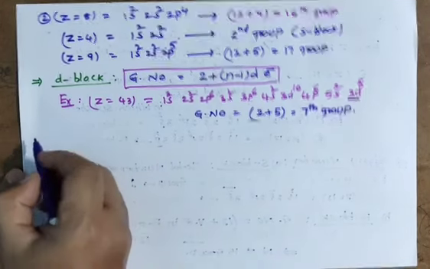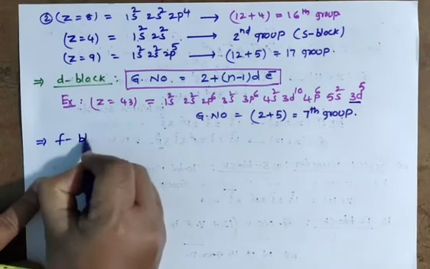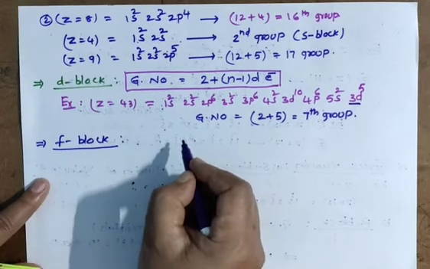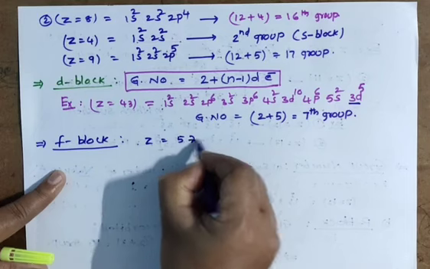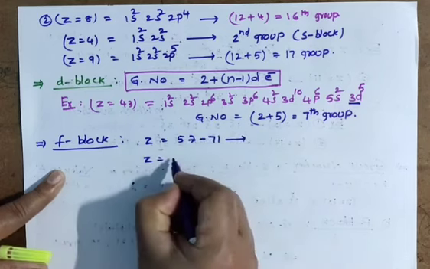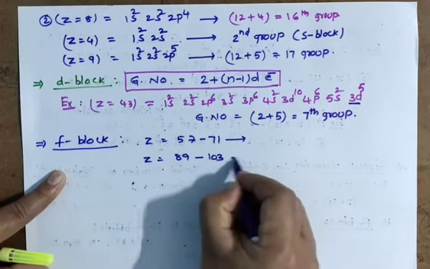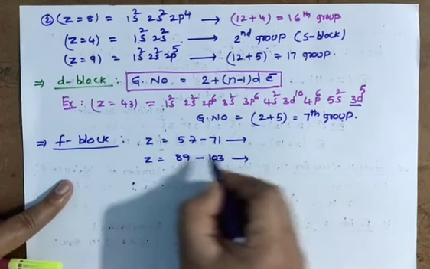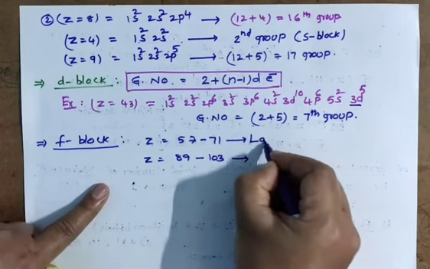Next, for F block. For F block it is very easy. If atomic number 57 to 71, or atomic number 89 to 103 is given to you, without any formula you can predict. 57 to 71 are lanthanides, you know very well.